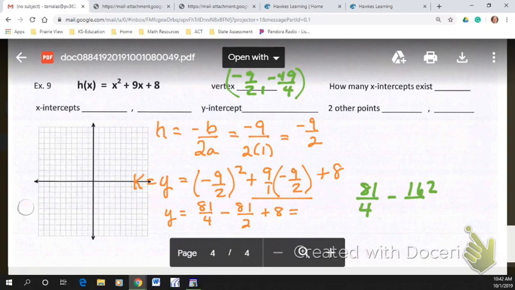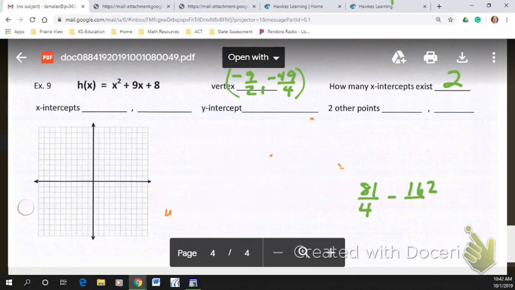Okay, so we are in quadrant 3 with a happy face parabola. How many x-intercepts am I going to have? Two. If you're in quadrant 3 with a happy face, it's got to cross twice. Okay, so now to find those, how do you find x-intercepts? You let y be 0.